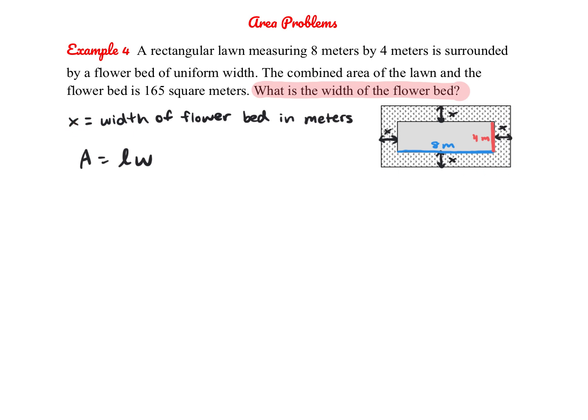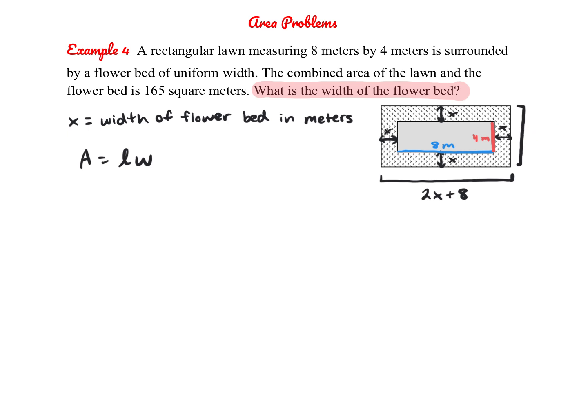So if you look at this length from here to here, we'll look at the different parts of our length. We have x plus 8 meters plus x. So this total length becomes 2x plus 8. And then if you look at the width of our rectangle, and you look at the different elements, from here to here is x, and then plus 4 plus another x.